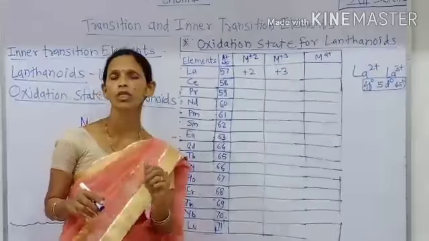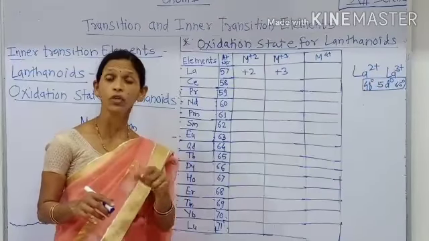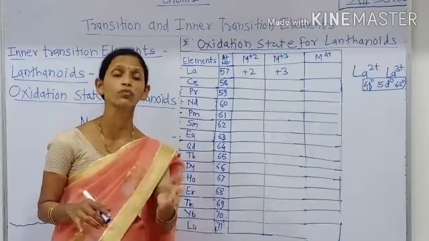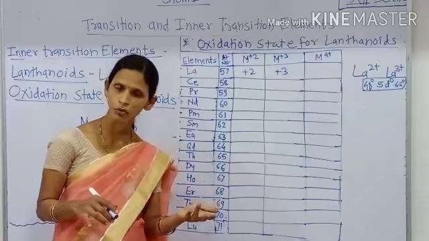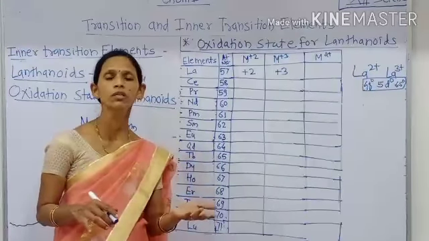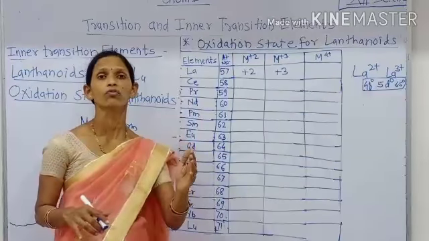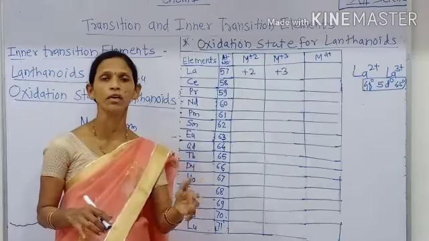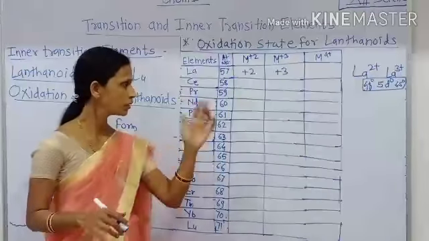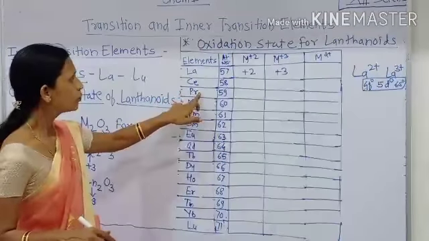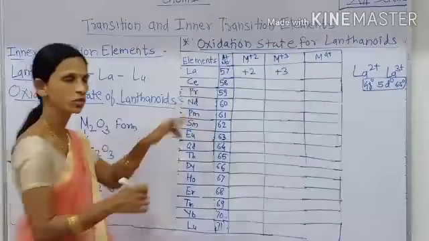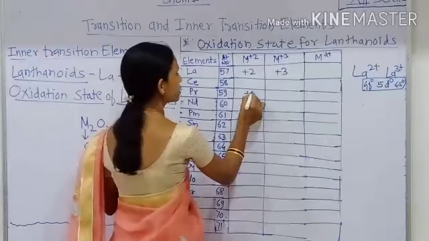One more thing, focus here. First, 2 electrons from the 6s orbital are removed by the atom of the element. Then an electron from the 4f orbital is lost. See here, praseodymium shows the +2 oxidation state.